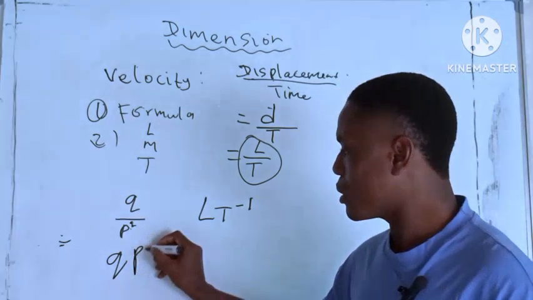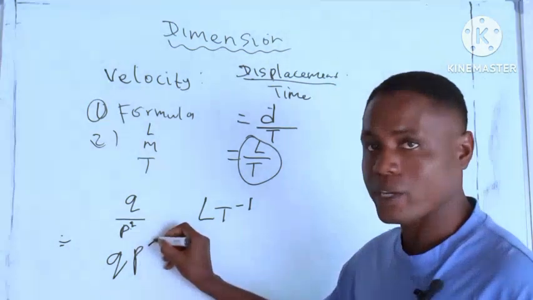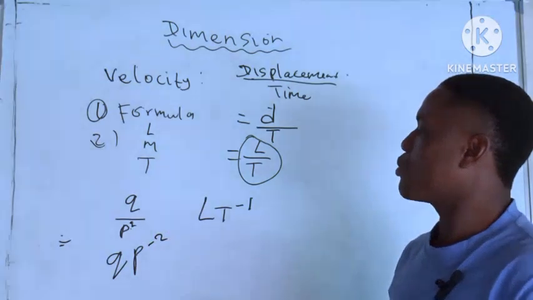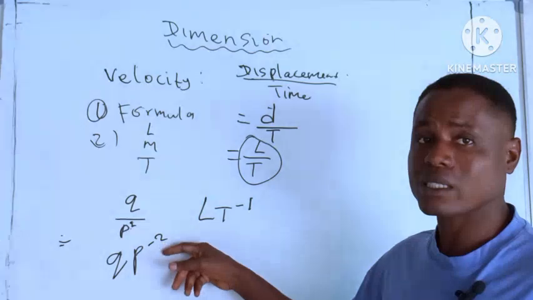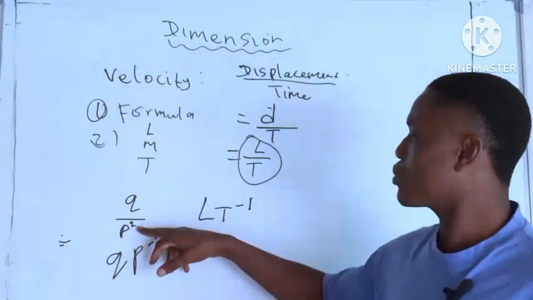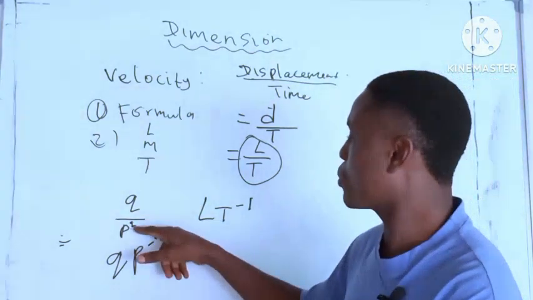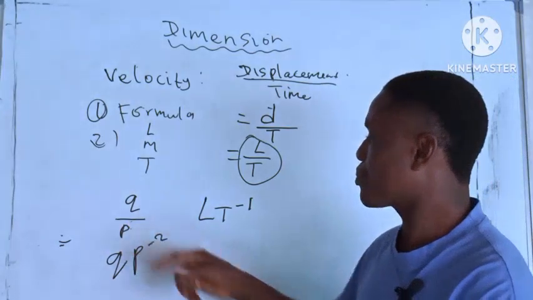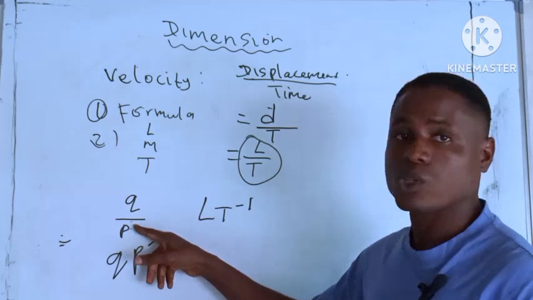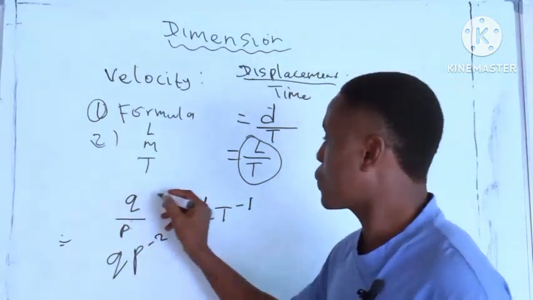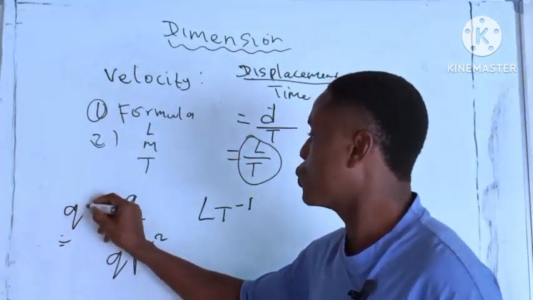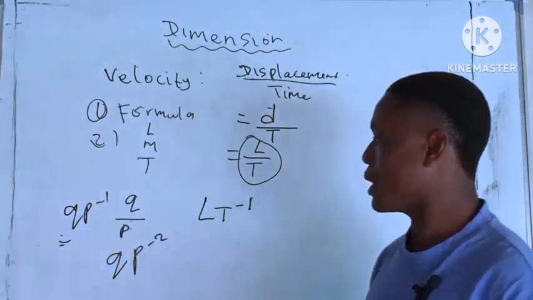Then p raised to power minus 2. This minus is compulsory, you must write it. But the first one, there was no square here. That's why we had q p raised to minus 1, right?